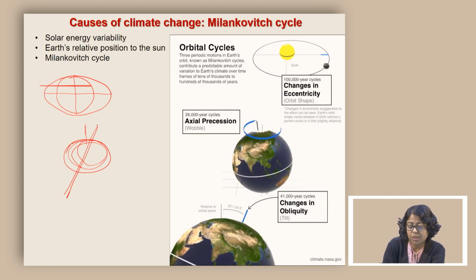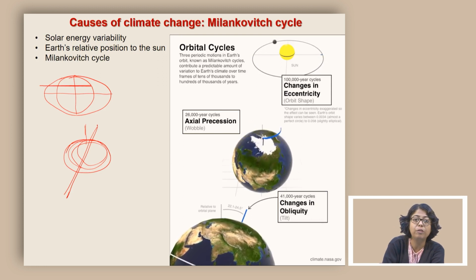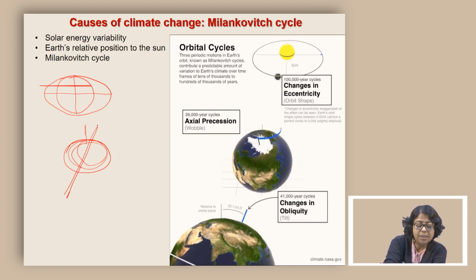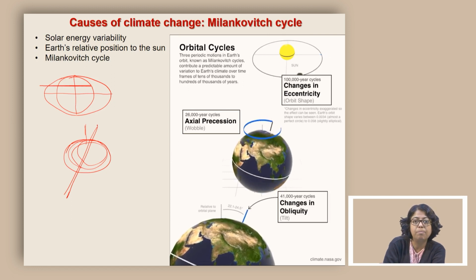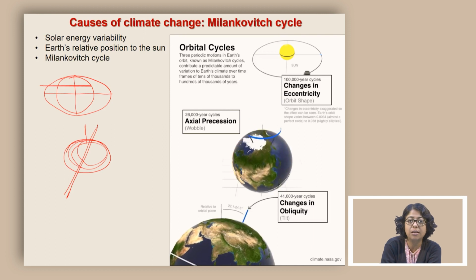Sometimes it makes a relatively smaller angle, around 22.1 degrees, but sometimes a relatively larger angle, 24.5 degrees. And depending on how tilted it is or less tilted it is, it is going to determine again something related to seasonality, and finally, that will accumulate and change in the climate.